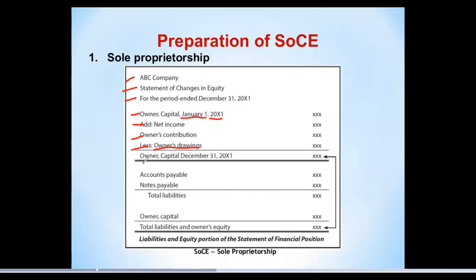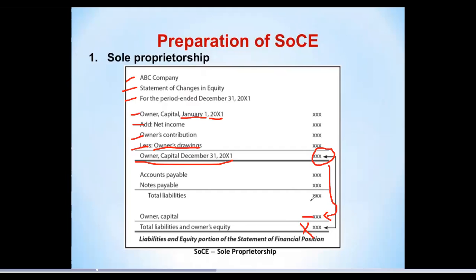Then we have the owner's capital, or the ending balance. So take note that the ending balance here of the statement of changes in equity reflects in the owner's capital. This should be reflected in the total owner's capital.